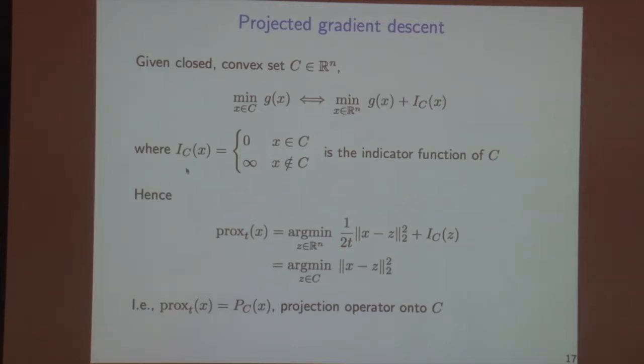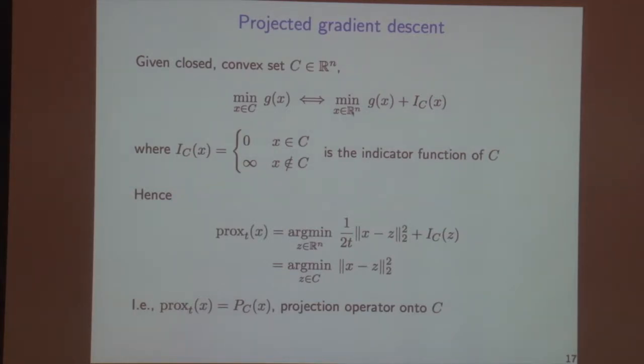If h is an indicator function of some set C, which means that it's 0 whenever its argument lies in C and infinity otherwise, then minimizing g of x plus the indicator of x being in C is the same thing as minimizing g of x subject to x being in C. We saw that earlier, just a different way of writing the constrained problem.